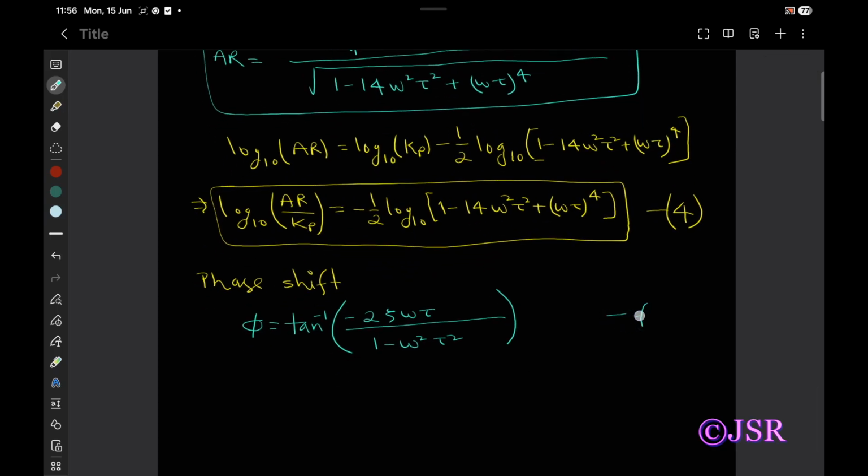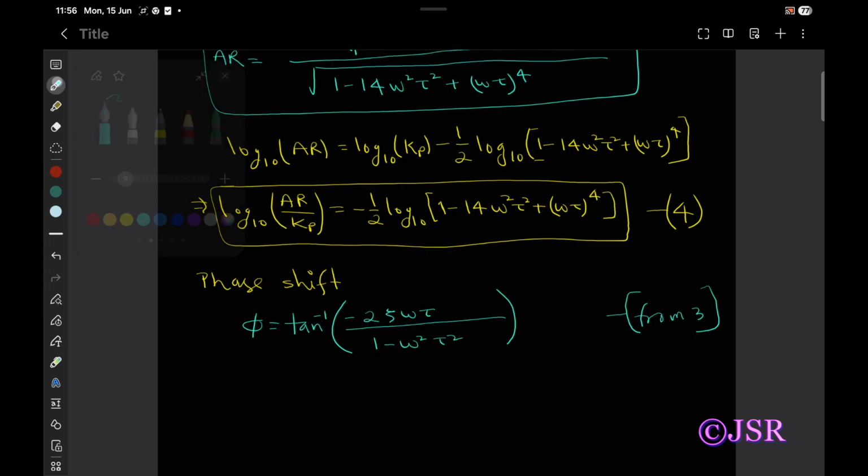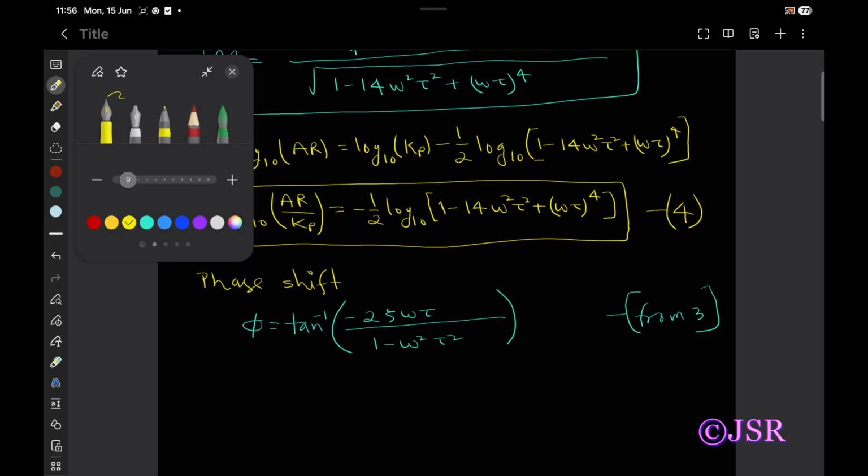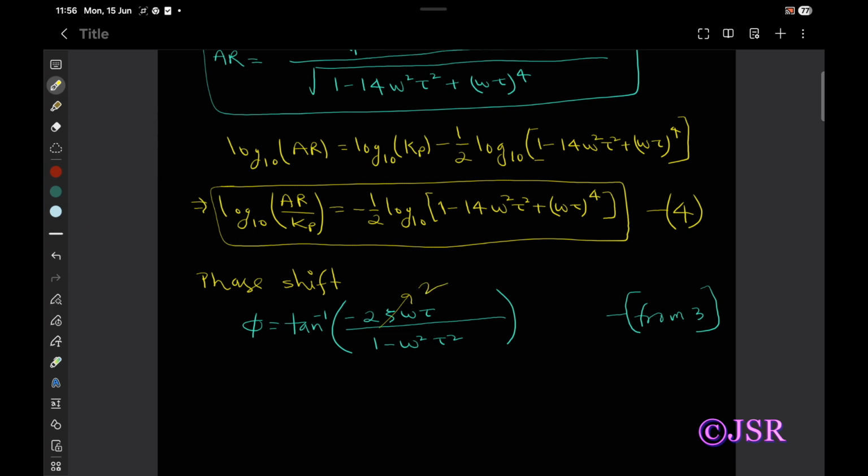So if you put zeta equal to 2 for an overdamped system, we will have phi equal to tan inverse minus 4 omega tau upon 1 minus omega square tau square, and this will be equation number 5.